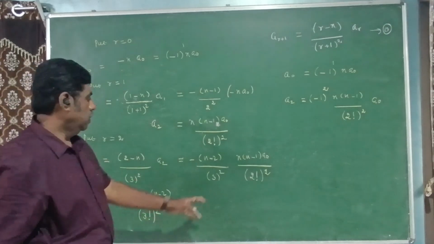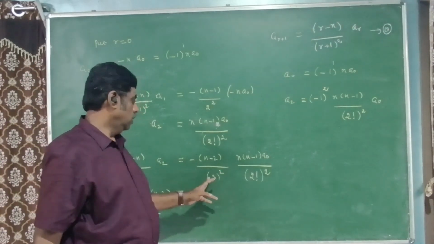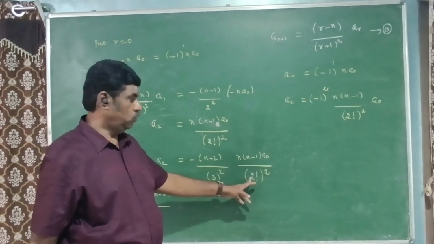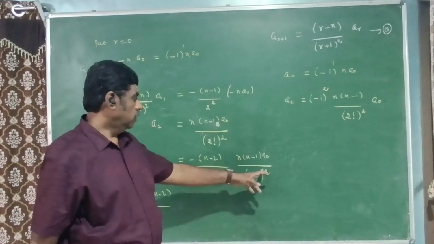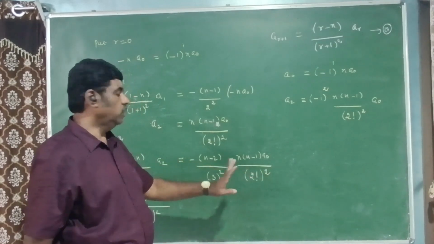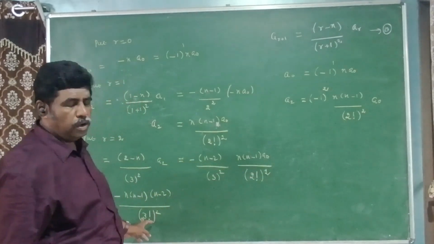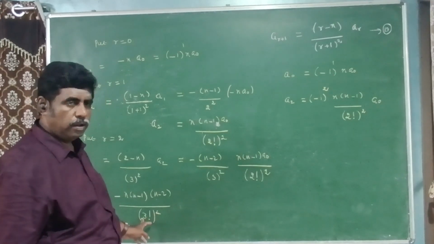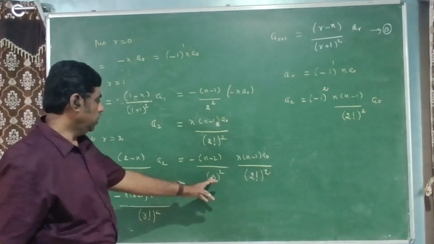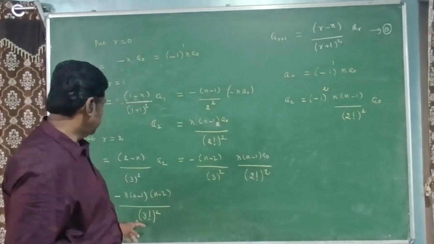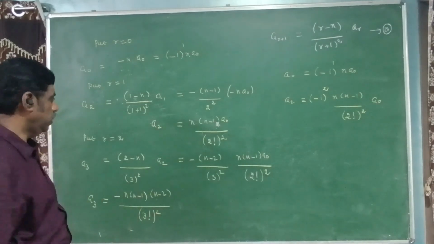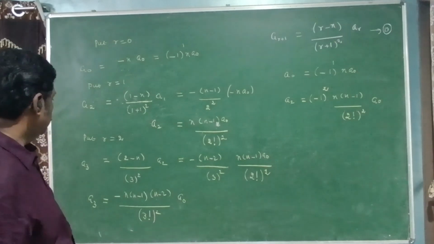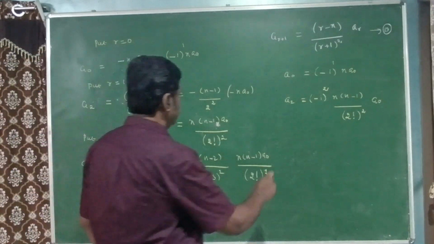See here, 3 square is 9, 2 factorial is 2, square is 4, 9 into 4 is 36. 3 factorial is 1 into 2 into 3, which is 6. 6 square is 36. So we may combine these two terms in terms of 3 factorial square. This is multiplied by a0. Now, this minus is changed in the new form.